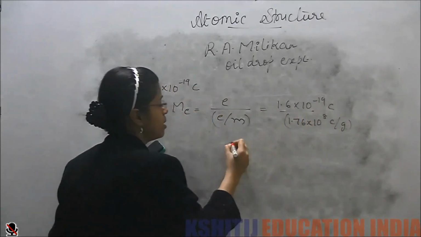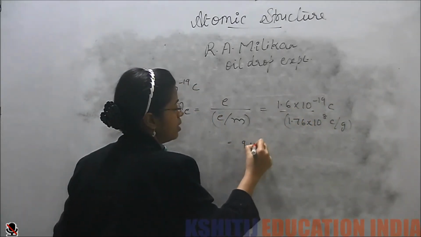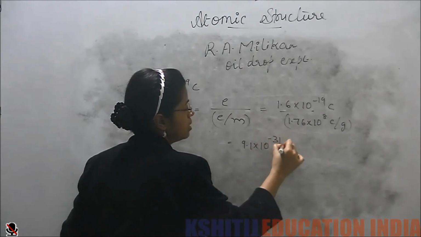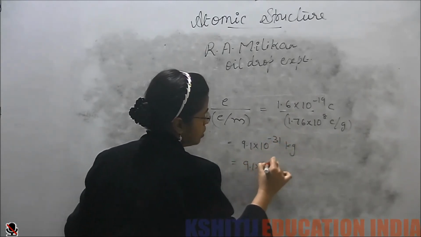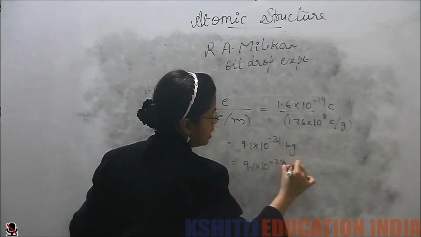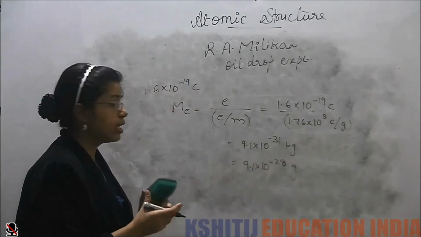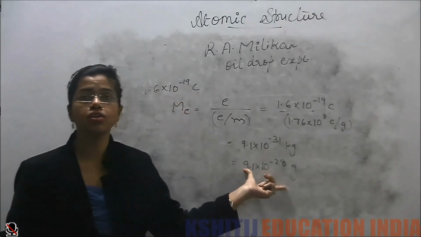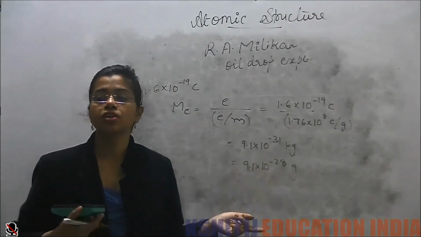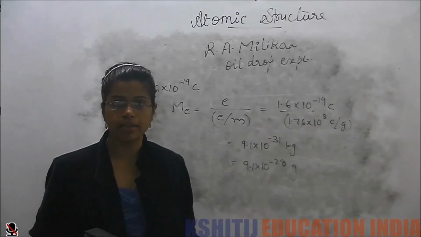Solving it, it comes as 9.1 × 10^-31 kg, or 9.1 × 10^-28 gram. This very small value of the mass of the electron shows that the electron is a subatomic particle.